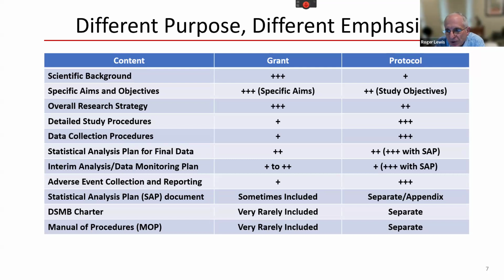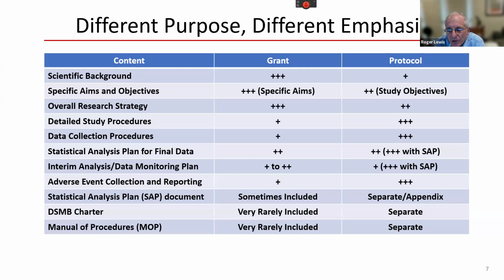The grant needs to be very detailed because its purpose is to convince the grant reviewers and grant review agency that the background information that exists is motivating of the research, that it suggests this research is needed, it's the next step, it fills an important gap in knowledge or our ability to care for patients.